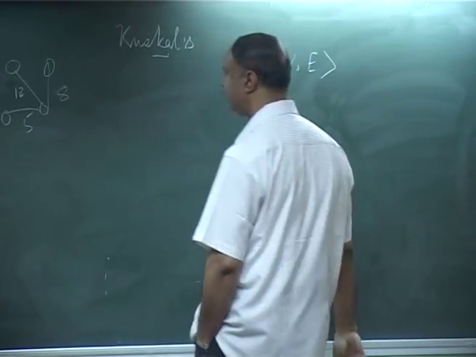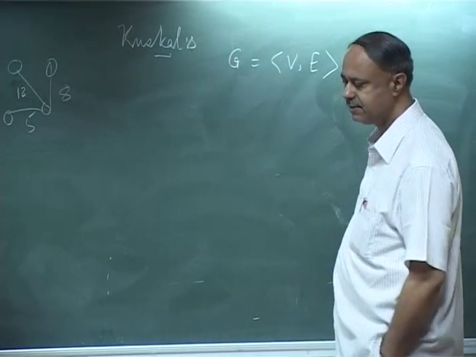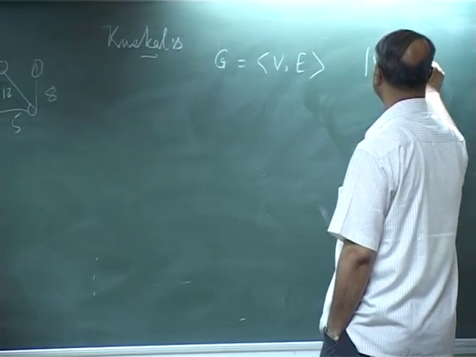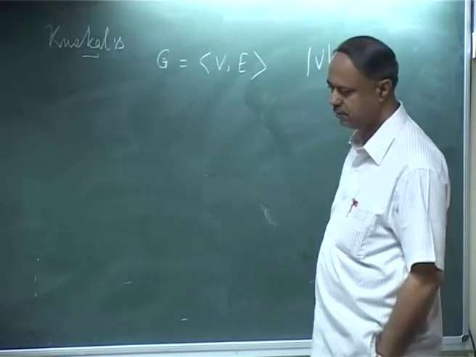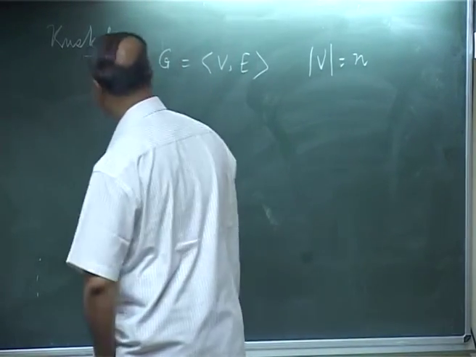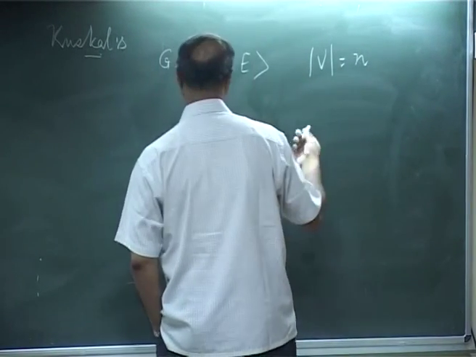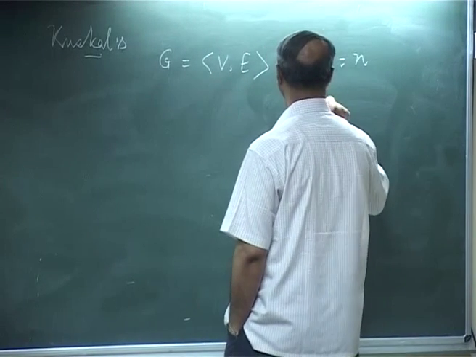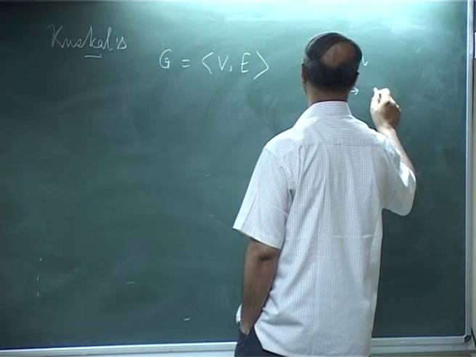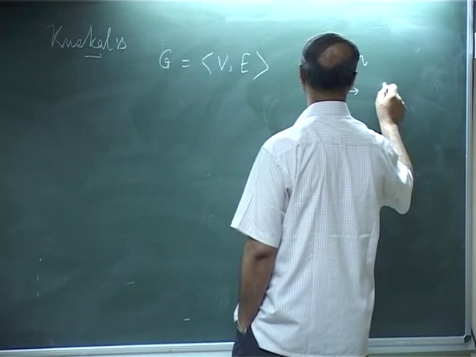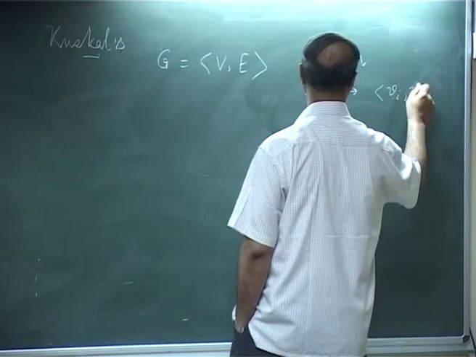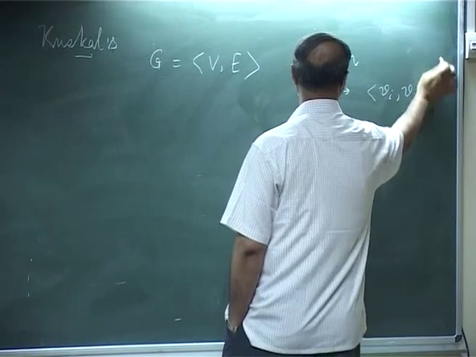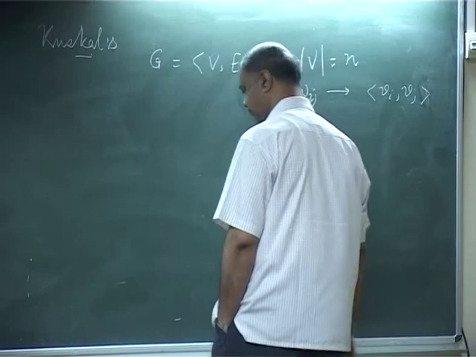V is the set of vertices and E is the set of edges, and let us assume the number of vertices is n, and a weight is assigned. Wij is the weight assigned to the edge between Vi and Vj.